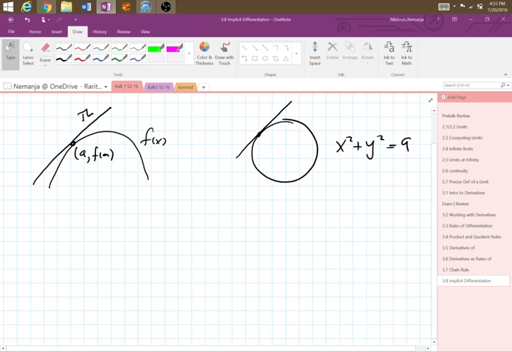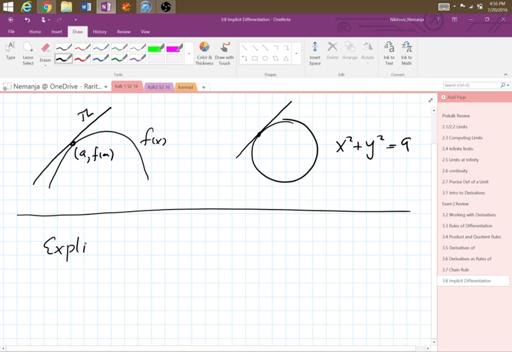So now, the first thing that we need to talk about is the notion of the explicit and implicit function, so you know which methods you are using in which case. So an explicit function is when you are able to write y equals f of x, which means you are able to isolate y alone on the left.